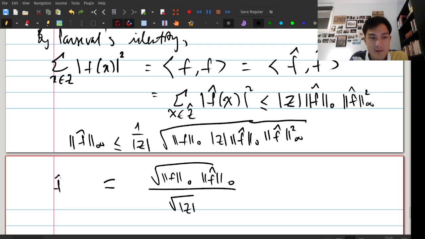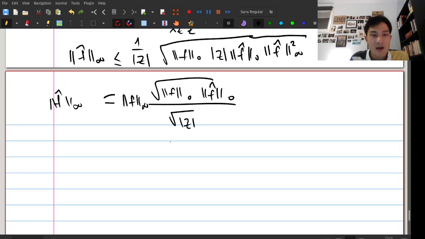And then here we have the infinity norm, and we have the infinity norm again. It's squared here, so it comes out of the square root. Sorry, this is f hat. And because we assume f to be non-zero, its maximum is not zero, and also the maximum of f hat is not zero.